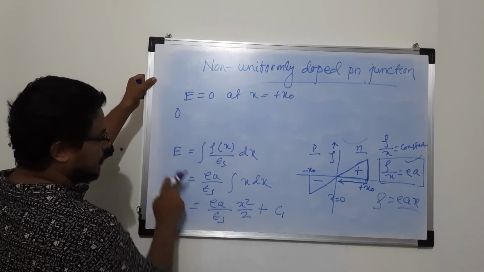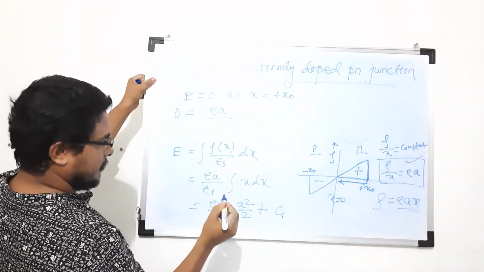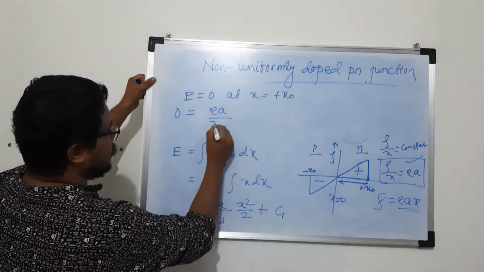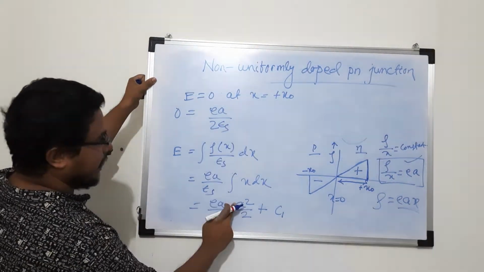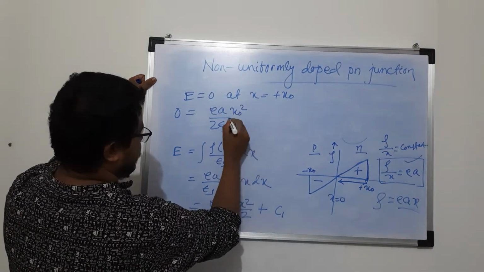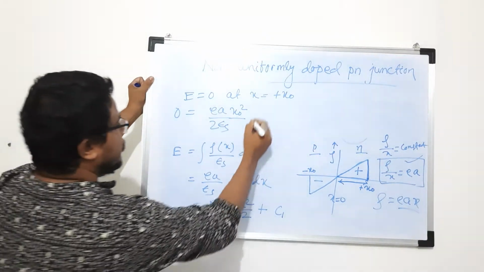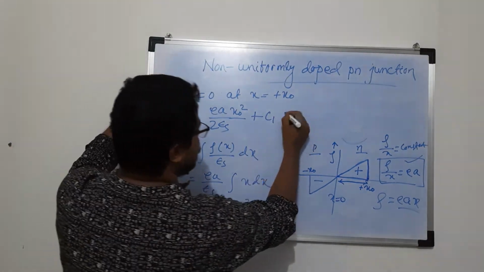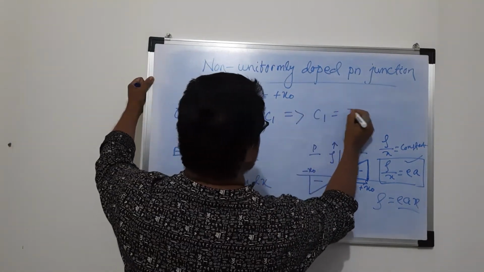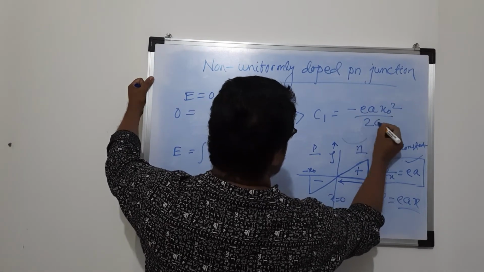Substitute: electric field will be 0 when Ea by 2 epsilon s, and then x I will substitute as x0, so x0 square, Ea by 2 epsilon s x0 square, then plus C1. So you can rewrite C1 is equal to minus Ea x0 square divided by 2 epsilon s.